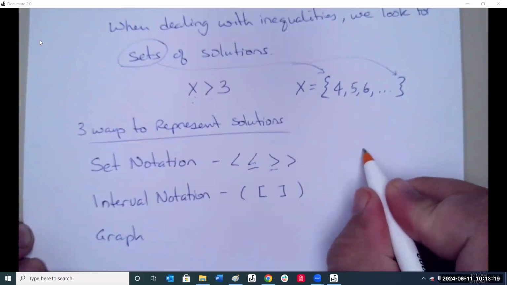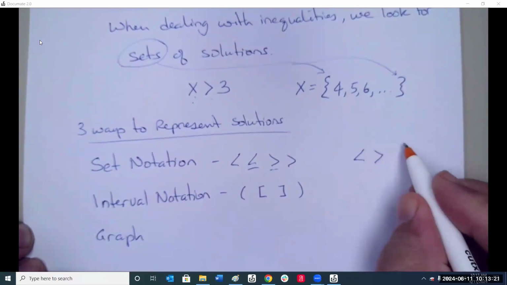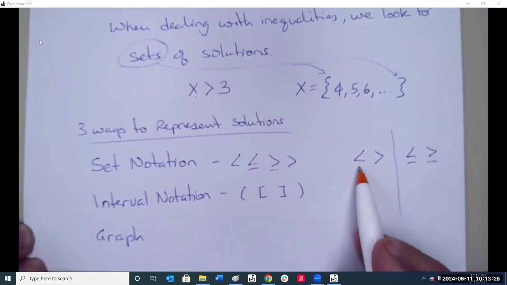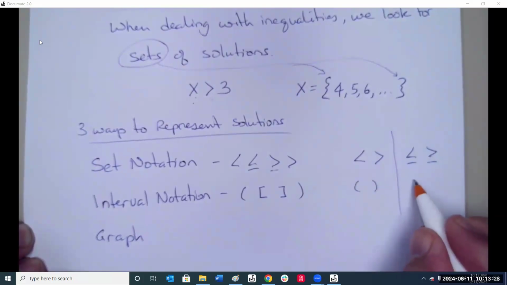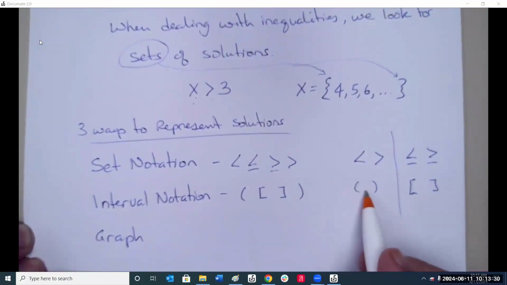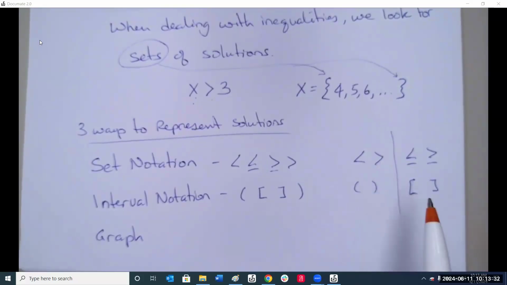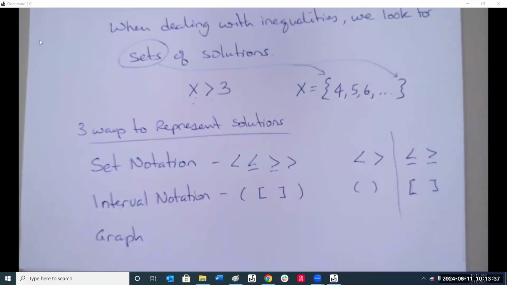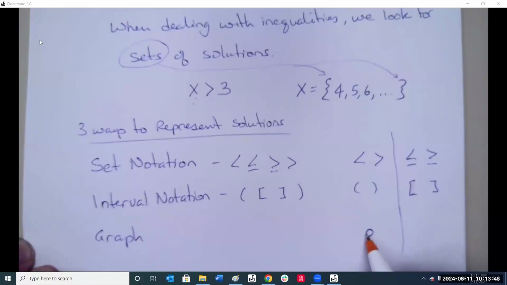So in the grand scheme of things, the parentheses are matched to the strict inequalities. The less than or equal to, greater than or equal to are matched with the brackets. And on graphs, we represent an open circle as that and a closed circle as that.